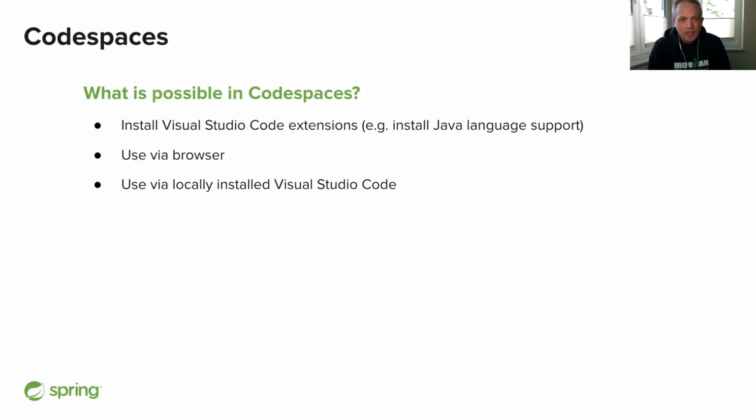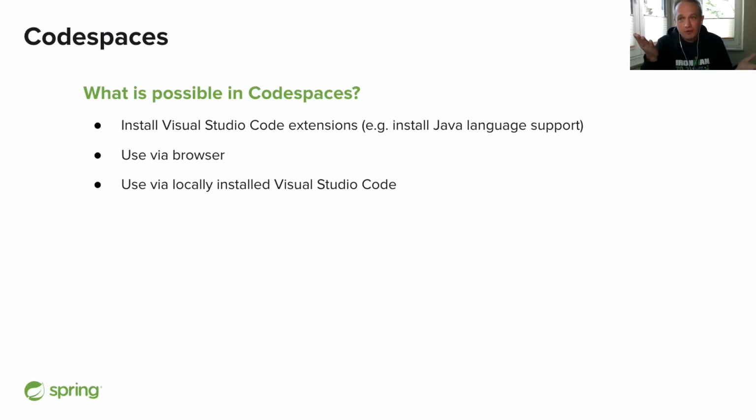The things that are possible in GitHub Codespaces, and this is why I think this is super interesting, is that if you are familiar with Visual Studio Code running locally, you get a lot of extensions. You can enhance that for other languages, other tools, other frameworks.